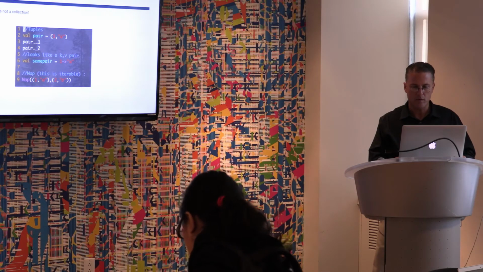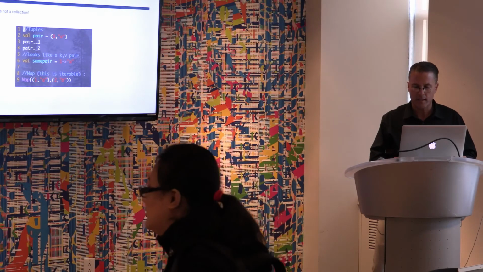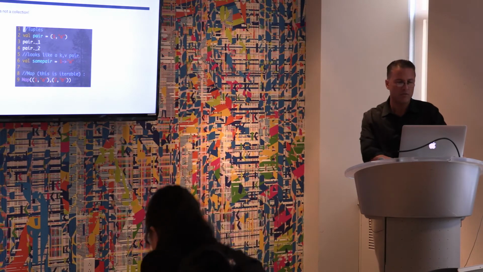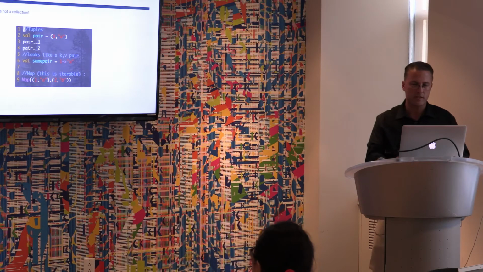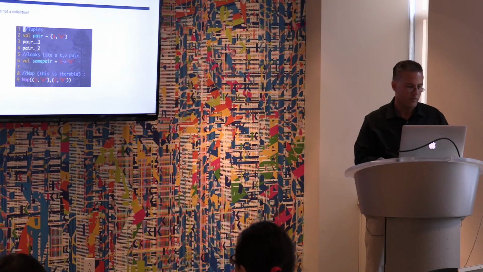So you can do something like maps. Maps are iterable, and you can do things like union operations. Let's take a quick look at what that looks like.